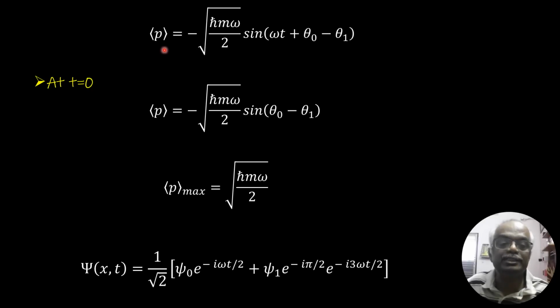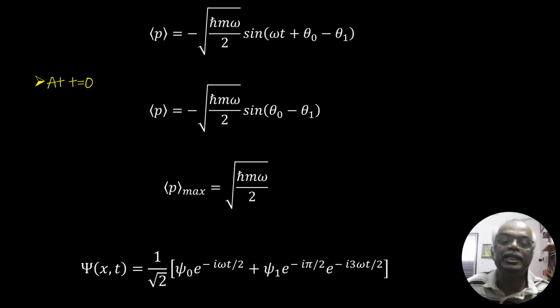The expectation value of momentum is equal to minus square root of h cross m omega over 2 sine omega t plus theta naught minus theta 1. At time t equal to 0, we will get the maximum value as given in the problem. What is the maximum value at time t equal to 0?